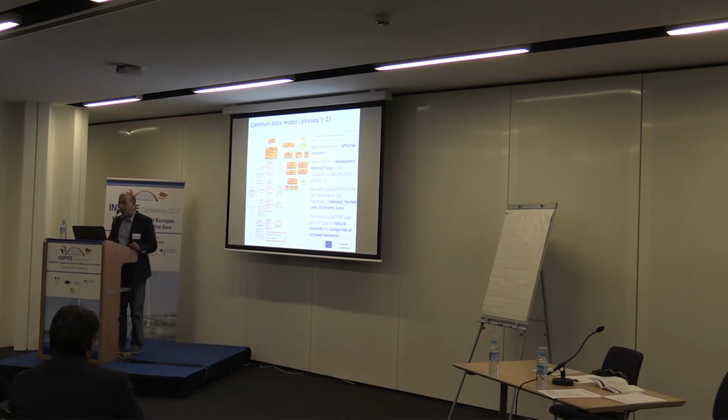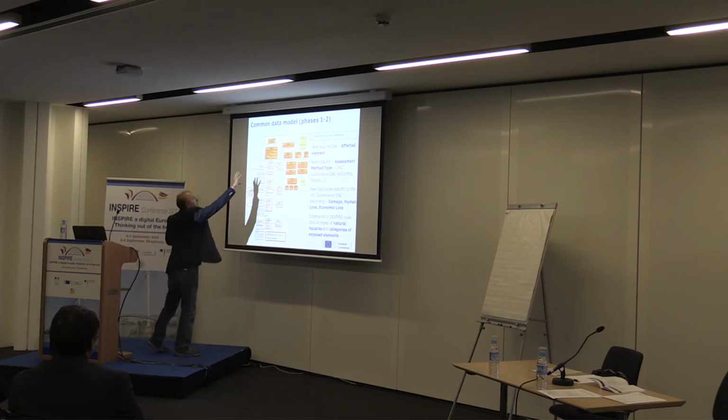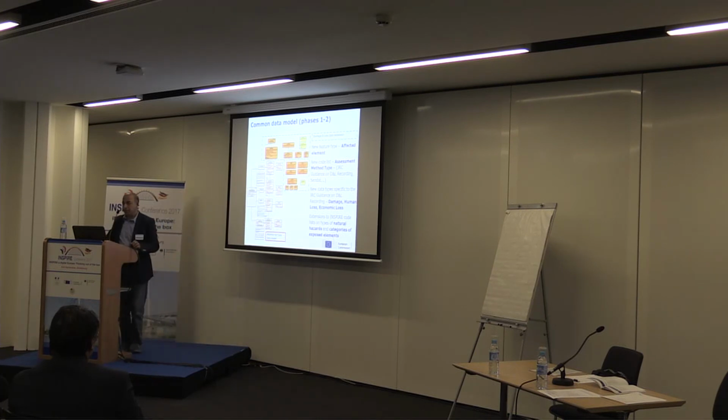And then the so-called damage and loss data extension on the right, bounded by the dashed line, in which there is a new feature type on top, which is called affected element, linked by an association with the observed event, and then a lot of new data types and code lists, which are shown on the right. This was the first result of our pilot.